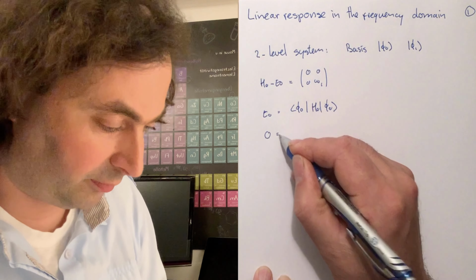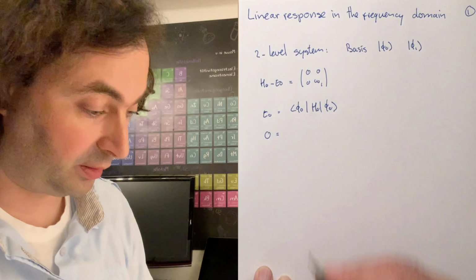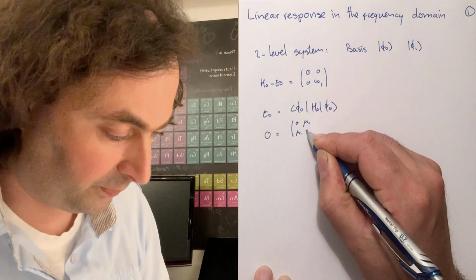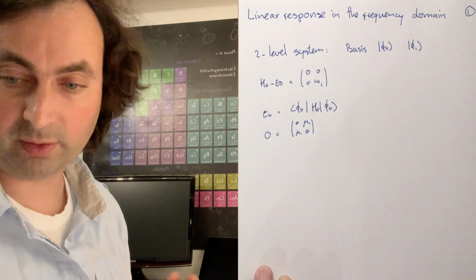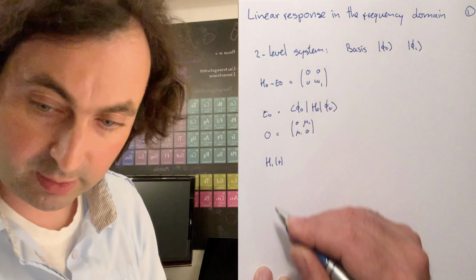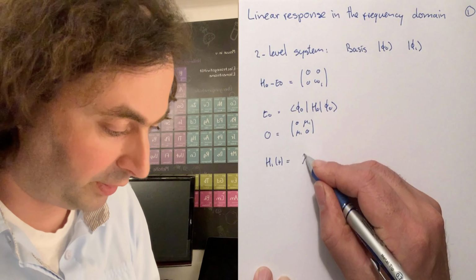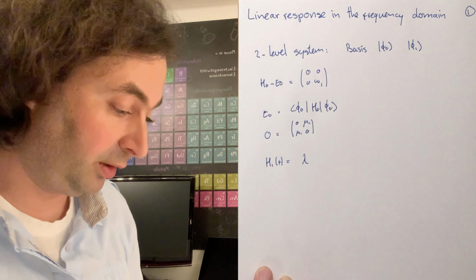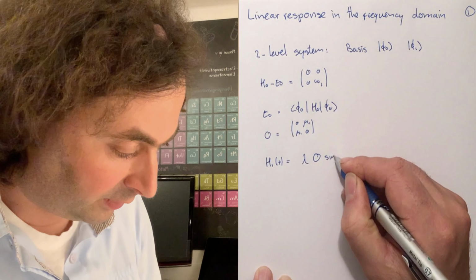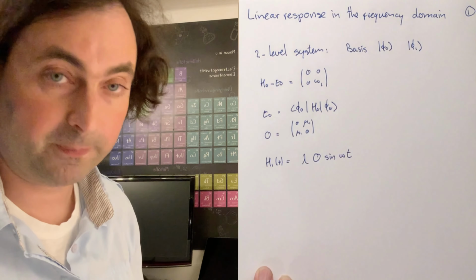Then we had a perturbation, a time-dependent perturbation to this system that coupled state 1 and state 0 with a dipole moment. The perturbing Hamiltonian is time-dependent: a coupling strength times operator O times sine omega t.